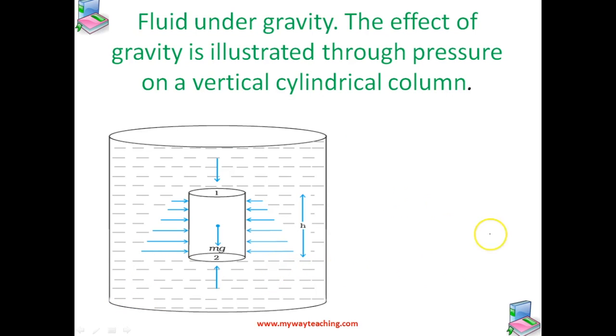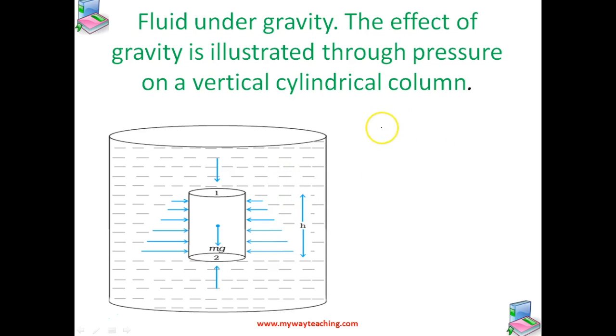The area of the cylinder does not appear in the expression P is equal to Pa plus rho g h. Thus, the height of the fluid column is important, and not the cross-sectional or base area or the shape of the container.